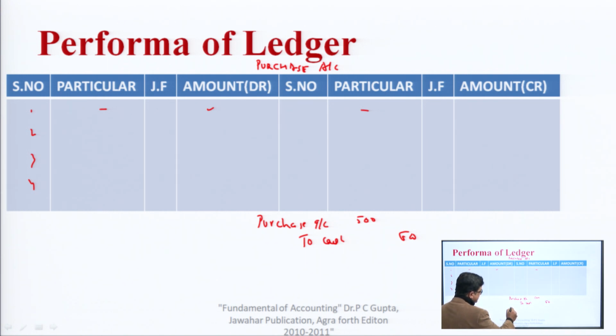And the second entry is purchase to X account, and this is 1000. In these entries, one is cash based and one is credit based.